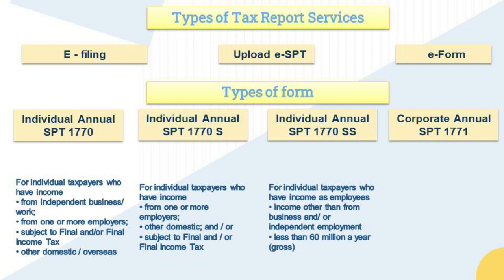Each e-form is an electronic SPT form in the form of a file with the extension .xfdl, which can be filled out offline using the form viewer application provided by the Directorate General of Taxes. After the annual tax return is made offline, taxpayer can immediately upload the SPT online.